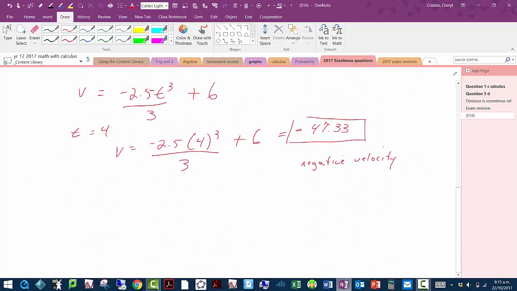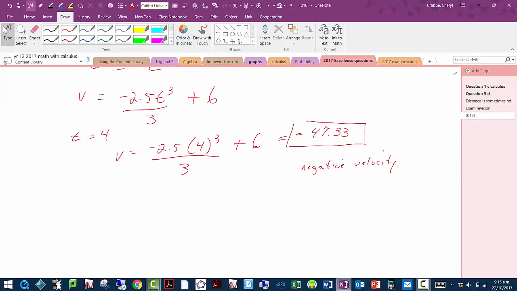the starting point. So this means at negative 47 that the go-kart at 4 seconds is moving back towards the starting point.